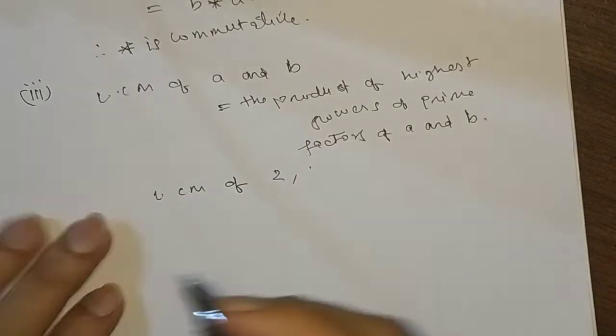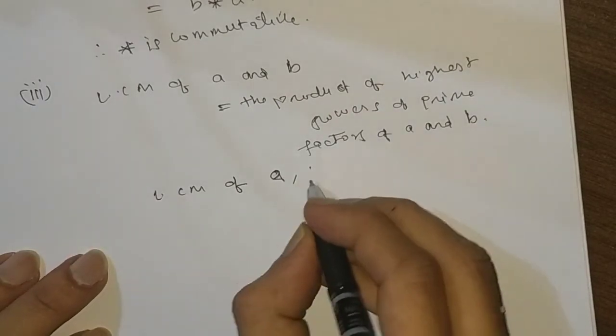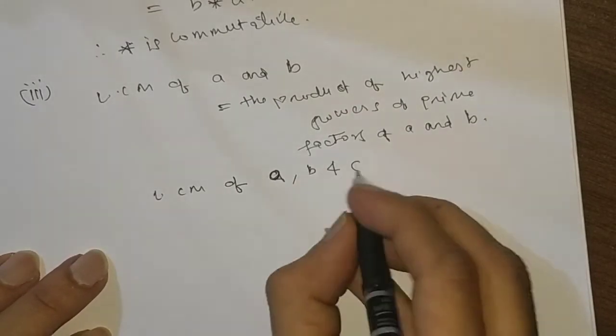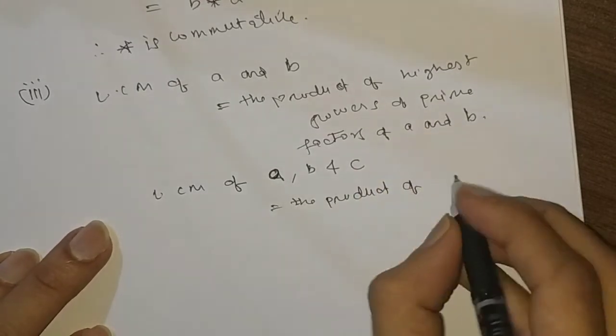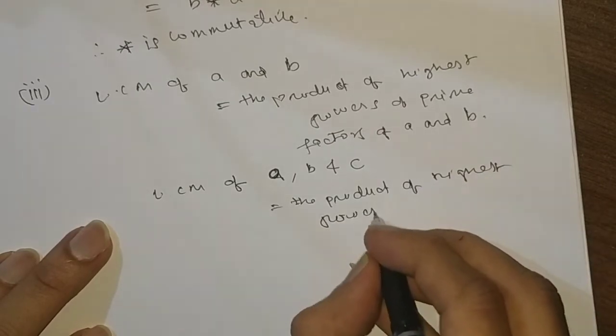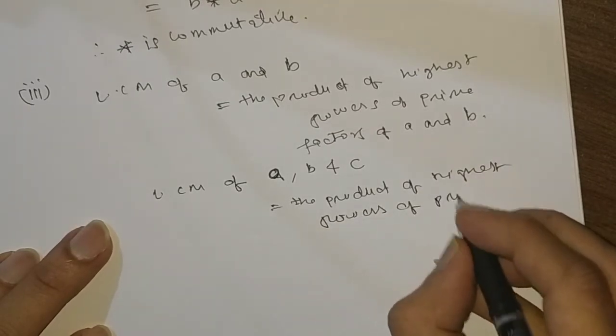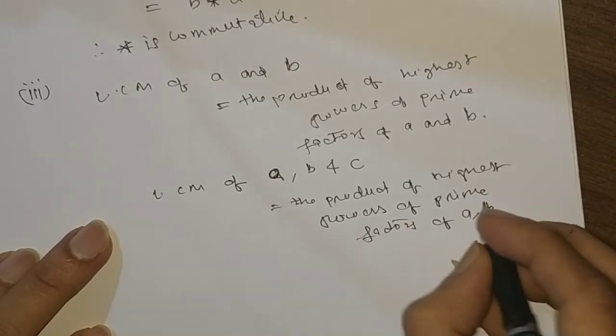Even this is true for 3 numbers, that is, the LCM of A, B and C is the product of the highest powers of prime factors of A, B and C, right? So this is true for even 3 numbers.